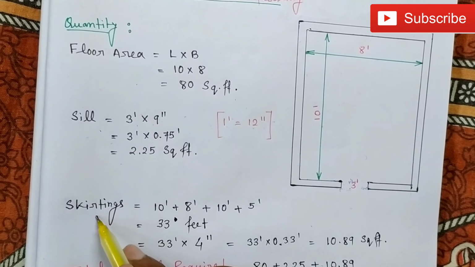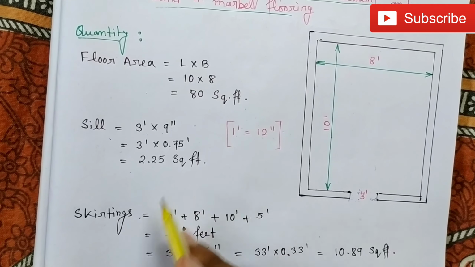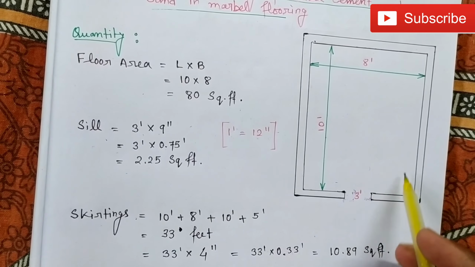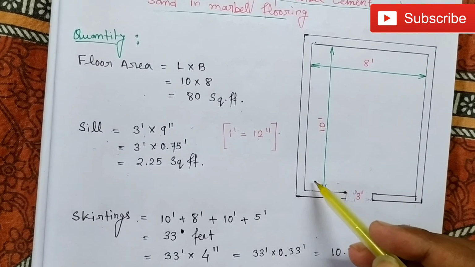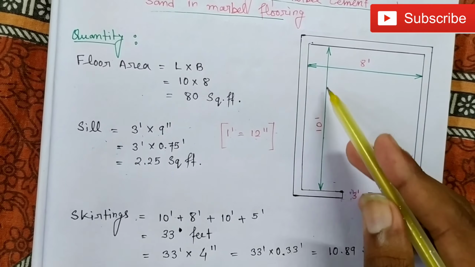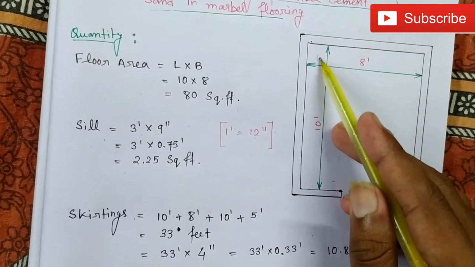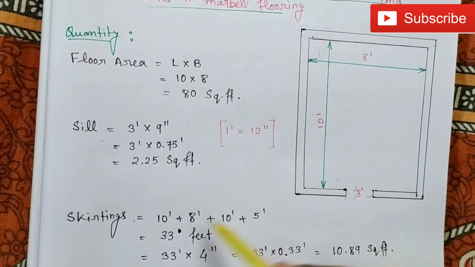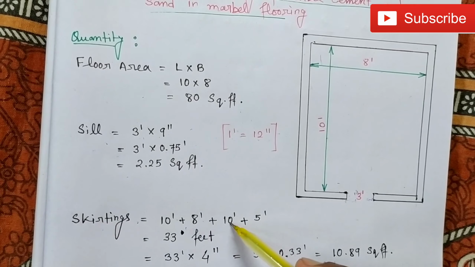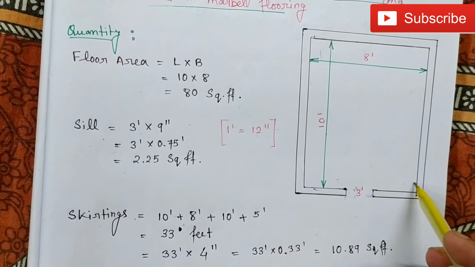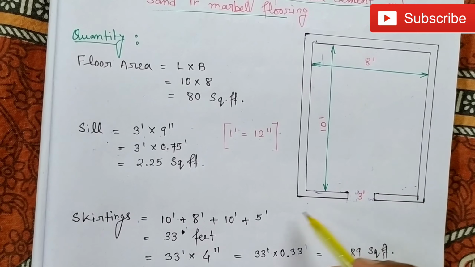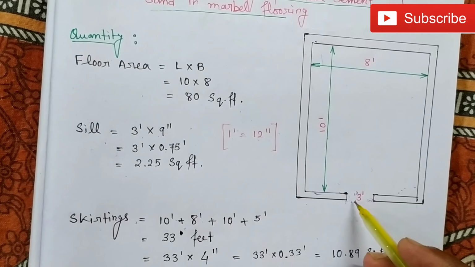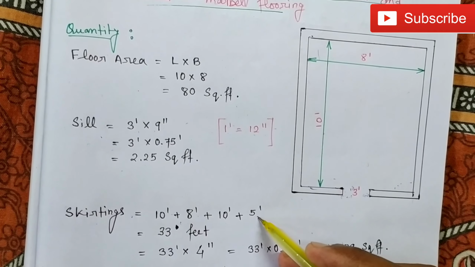Now we need to calculate skirting. For skirting area we need to calculate the total length. So first 10 feet this wall and 8 feet this wall and also this 10 feet. So 10 feet plus 8 feet plus 10 feet, and for this short wall, 8 feet short wall, we deduct this door portion 3 feet. So this is 5 feet.